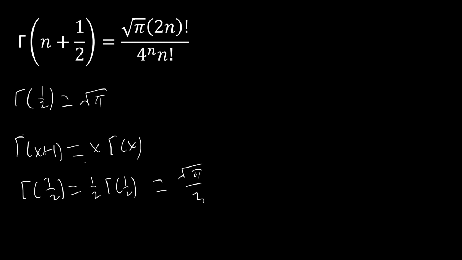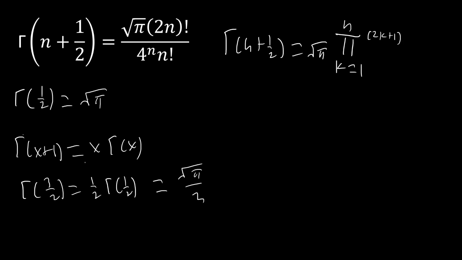So we can write that gamma of n plus 1/2 equals square root pi times, I'm going to use product notation from k equals 1 to n, right? Yep. Product from k equals 1 to n of 2k plus 1 over 2.